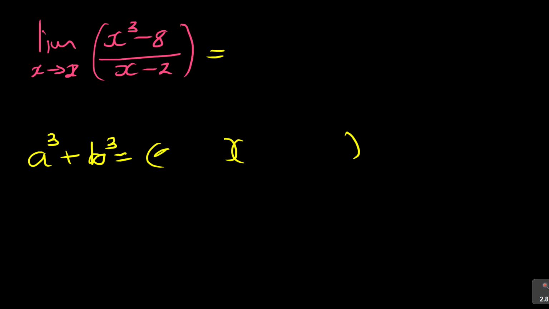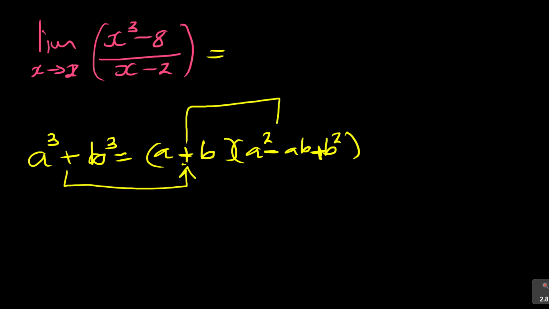So you write your a plus b here, and then on the other side is a squared and b squared, and you multiply a times b, which is ab. Now if it's a plus, it's minus and plus. The signs interchange. If it's a plus here, this sign is that sign, but this sign opposes that sign. But here, always a plus in the end.